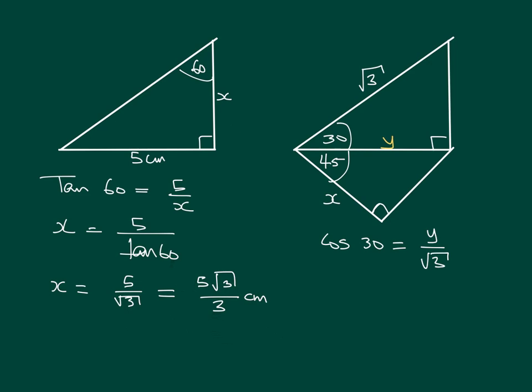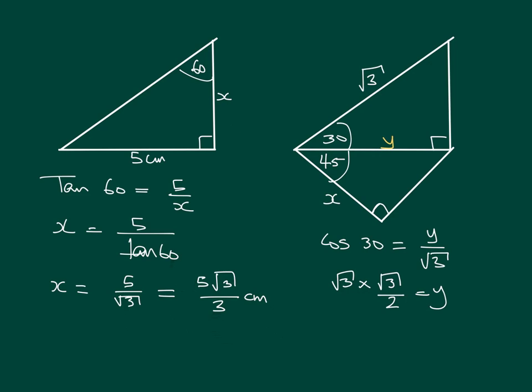I know that my cos of 30 is root 3 over 2. So let me just do a quick rearrangement here and say I'm going to have root 3 times root 3 over 2 is equal to y. What I've done is I've moved this root 3 over to the other side, and then my cos of 30 is root 3 over 2.